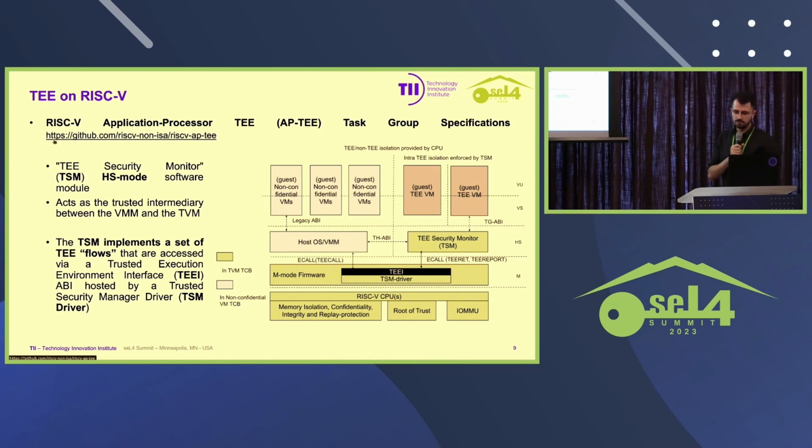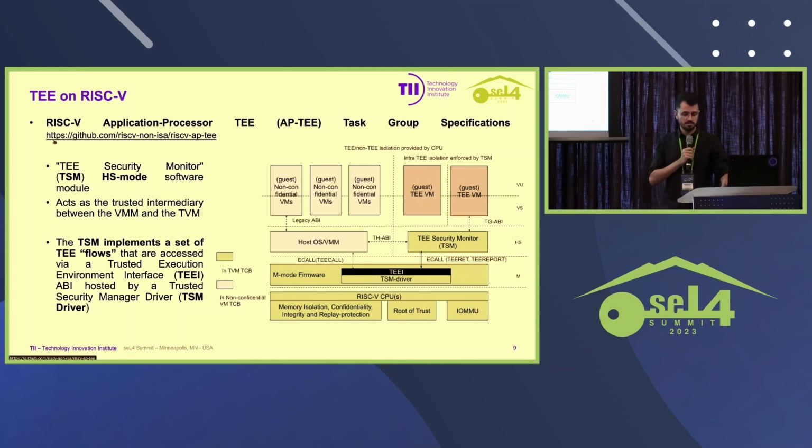It will run in HS mode, the TE security monitor, and it communicates with this TE interface, this TEI, which runs under this TSM driver. So this is what we understand to be the current situation of the specifications and TE on RISC-V. But the thing is that we don't have it yet on hardware. Probably we're going to have it in the future, but we don't have it right now.